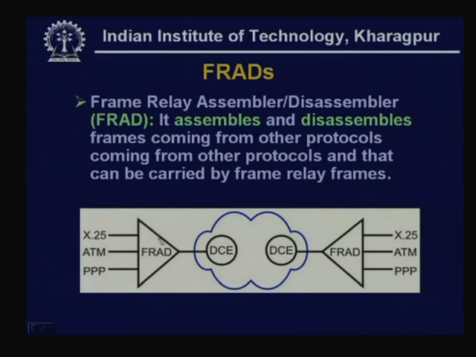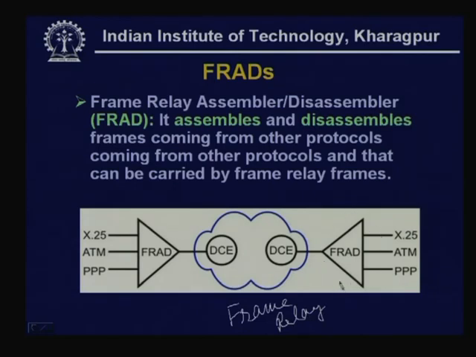So, for that purpose there is a special functionality known as FRAD, frame relay assembler disassembler, because the frames of other types of standards or networks like X.25 and ATM or PPP may not be the same as that of frame relay. So, what the FRAD function does, it disassembles the packets and sends them through the frame relay network.